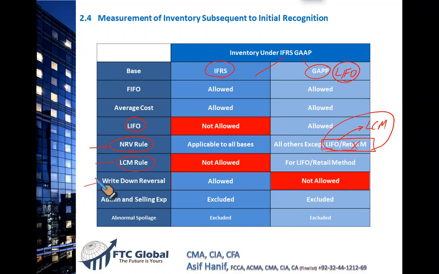Further, you need to know, we are going to discuss all these. Whatever you're seeing on the screen right now is the summary of what we are going to do tonight. So let's have a quick overview. Once the inventory has been written down because the inventory value has fallen significantly, IFRS allows you to reverse the write-off. Let's say in the previous year, you wrote down your inventory by $10,000.